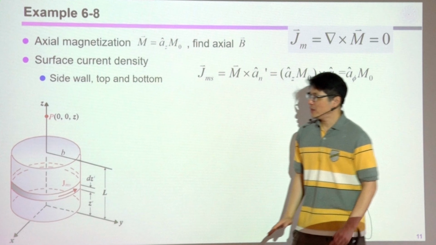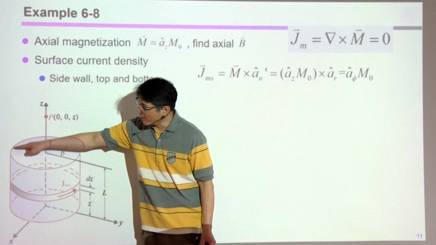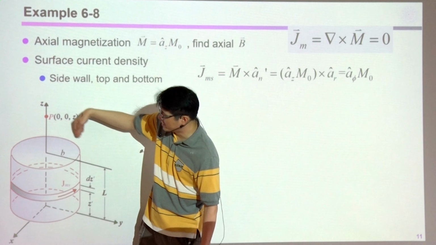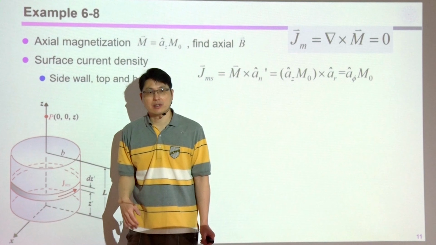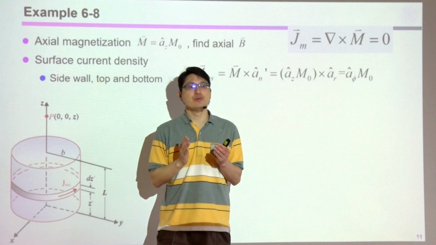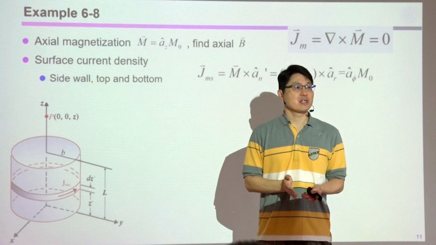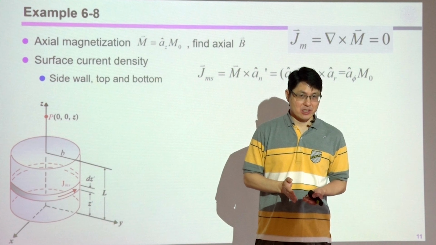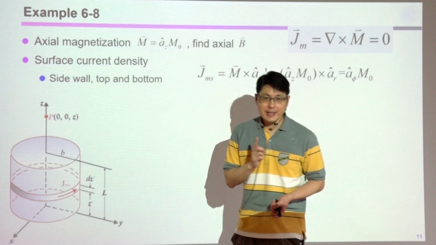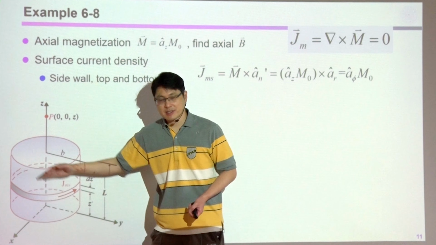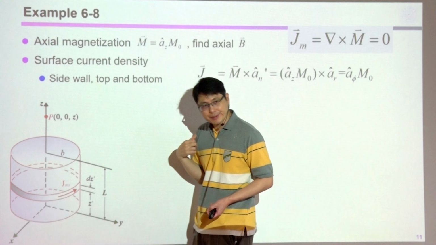Which means, even though you have surface number 1, surface number 2, and the third, the circumference surface, the top and bottom do not contribute to the surface current densities. You only have to take care of this surface, pointing outwards everywhere.